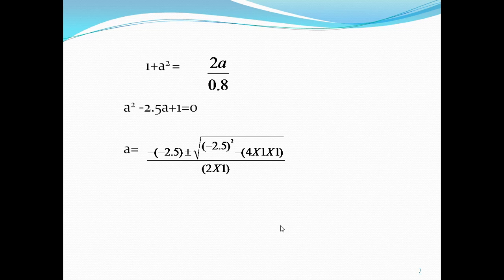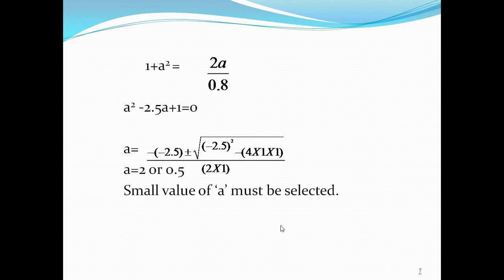So a is equal to minus of minus 2.5 plus or minus square root of (minus 2.5) square minus 4 into 1 into 1, divided by 2 into a, which is 1. So we get a is equal to 2 or 0.5. This is the slip value.